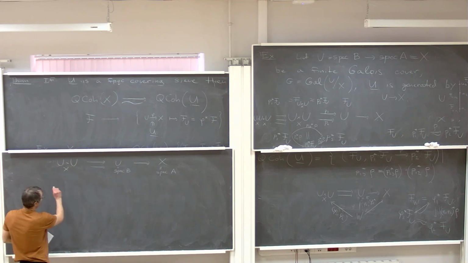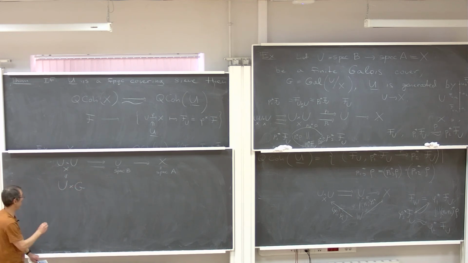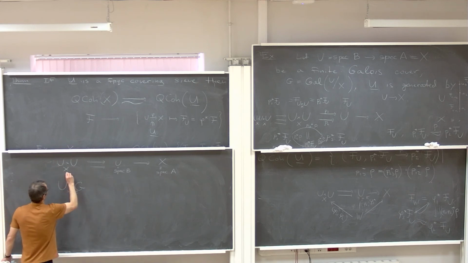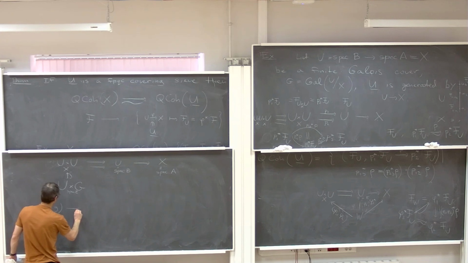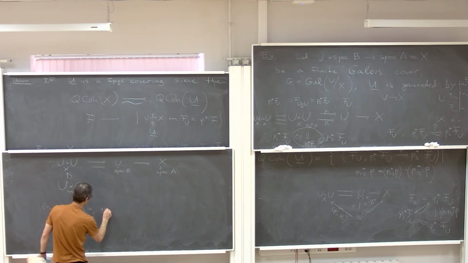I claim that this can be identified with U times G, just over Spec Z. Right? So why is that? Well, if you have a point (u, g), you send it to (u, g(u)).